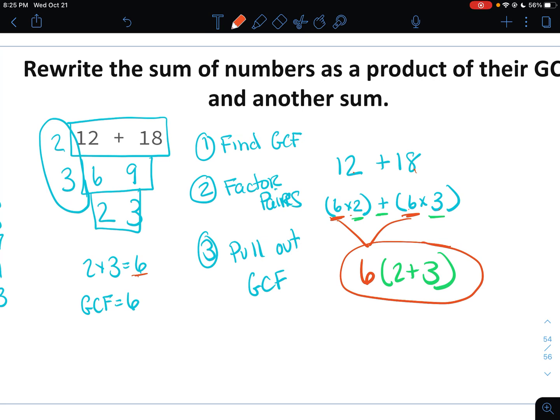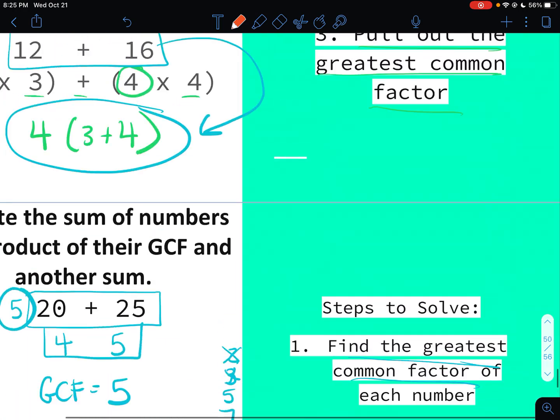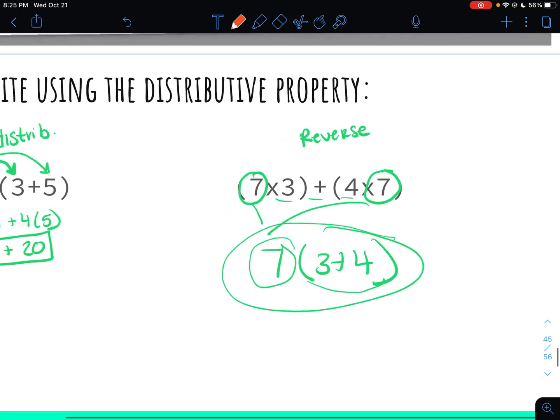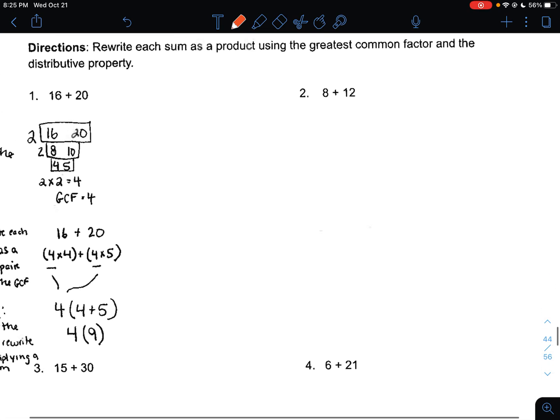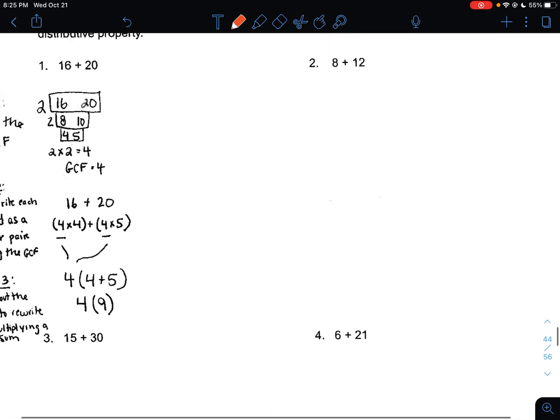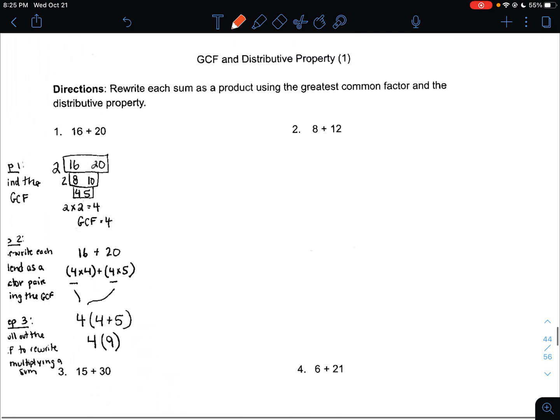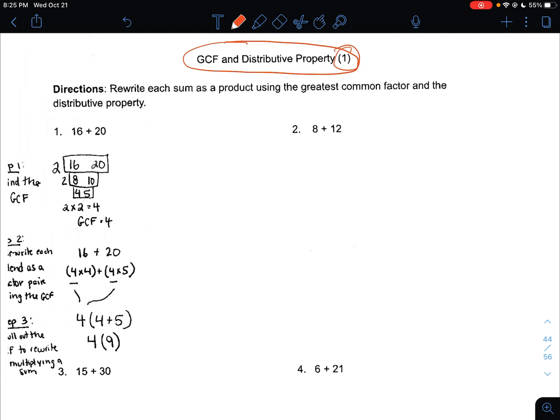This is a skill that's weird, I know, and it takes some practice, but I promise that you will get there. For today's practice, which you definitely cannot skip, I would like you in your packet to find the greatest common factor and distributive property worksheet, and there's a little 1 behind it, because there are 2 of them in there.